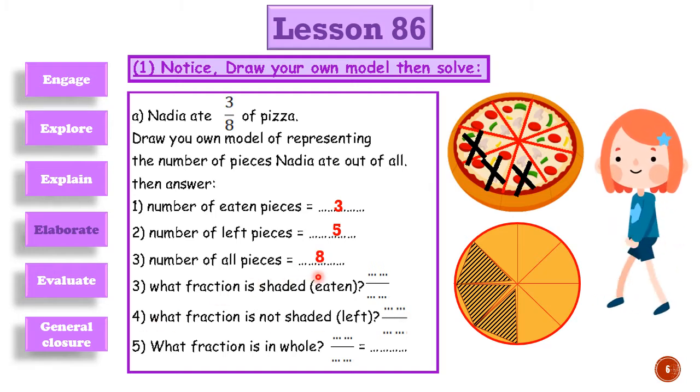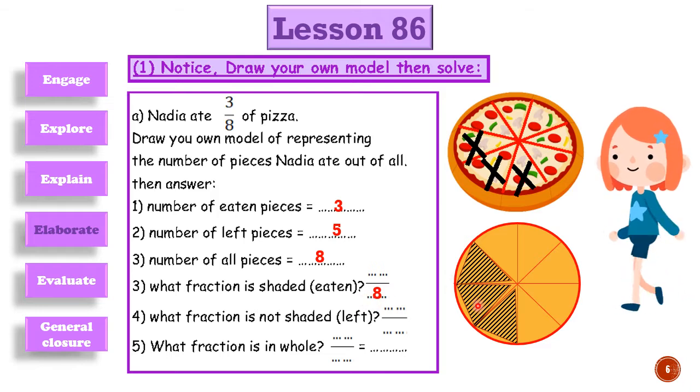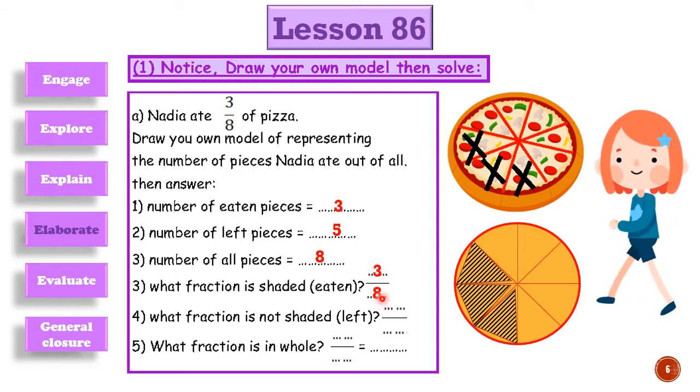It will be 8. What fraction is shaded, eaten? Can you represent this shaded part out of all? It will be all, how many? 8. Then we write in the denominator 8. And the shaded part, which is eaten, it will be 3. Write it in the numerator. It will be 3/8. Number 4. What fraction is not shaded?